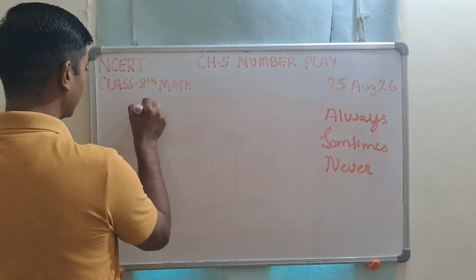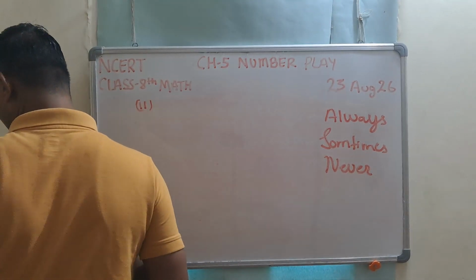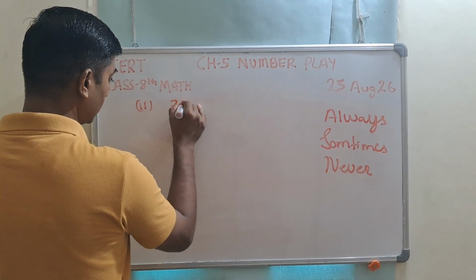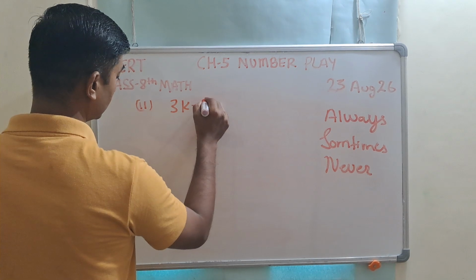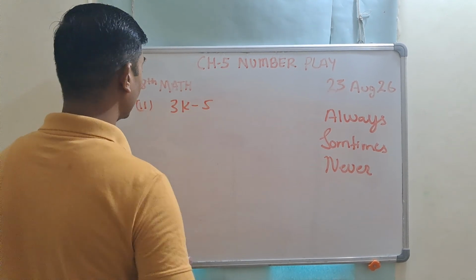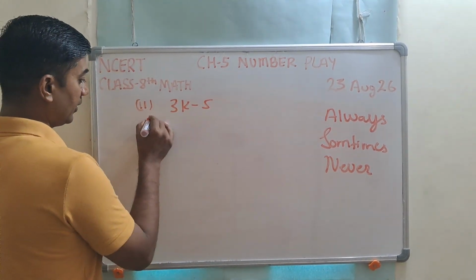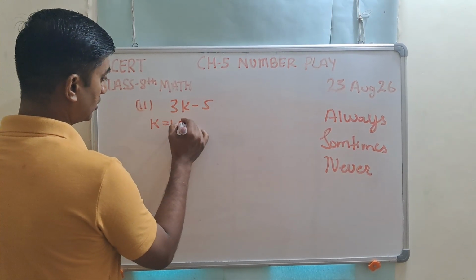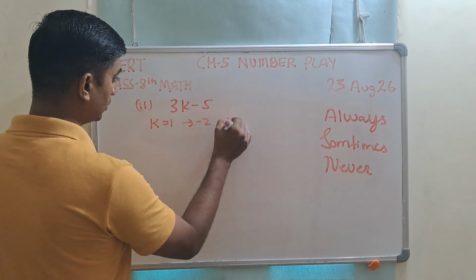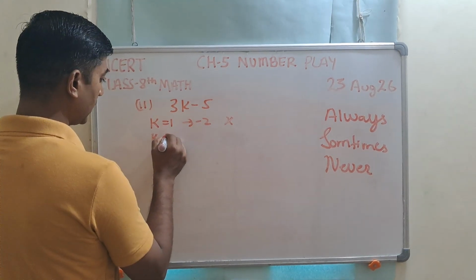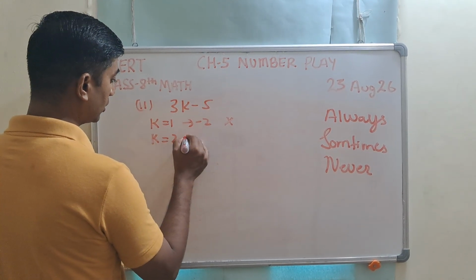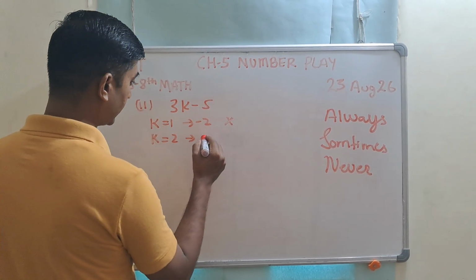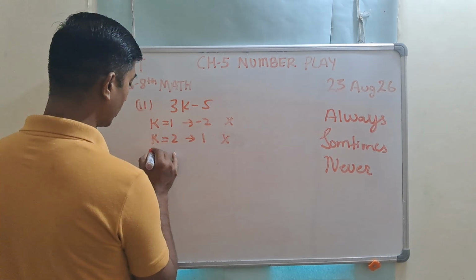What is the next expression? Our next expression is 3k minus 5. Now we will see, when k is equal to 1, our result is minus 2, not true. When k is equal to 2, our result is 6 minus 5, which is 1, not true.